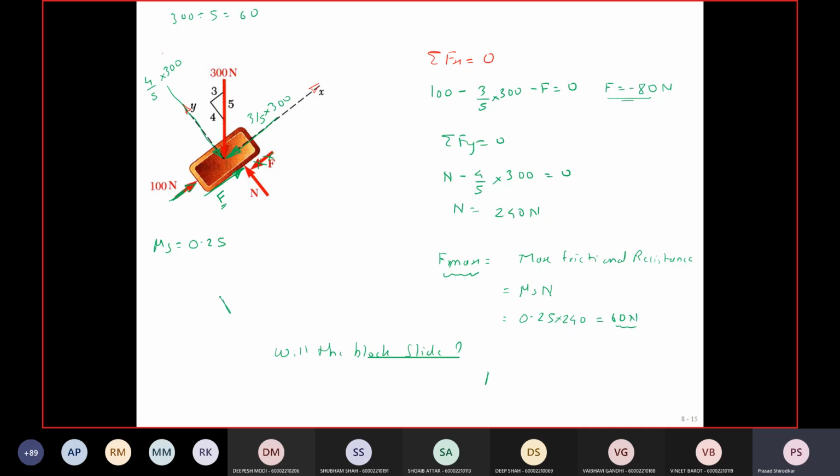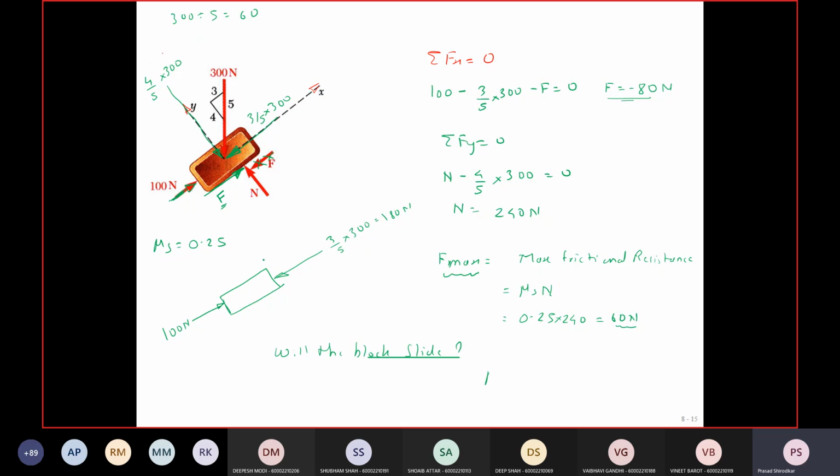I just consider this block. The force along the x-axis is 100 newtons, and the x component is 3 by 5 into 300. So that is equal to how much? 180 newtons. Correct?